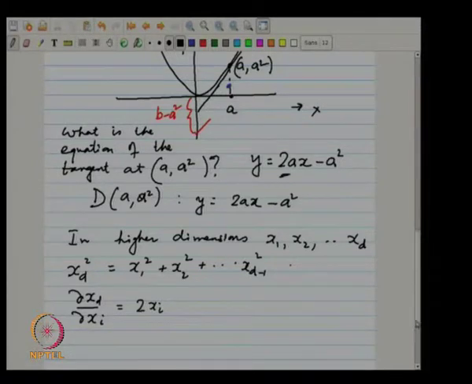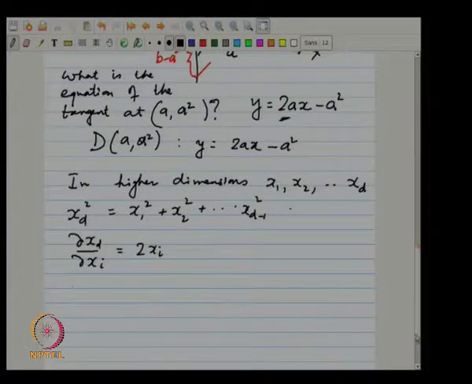So, then can you guess what should be the dual transform in the higher dimensions? So, d of the point, a d dimension point, a 1, a 2, a 3 up to a d. Can you guess what this should be, the dual transform of this point?